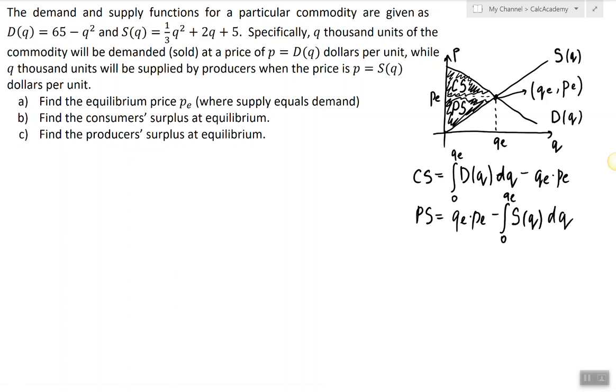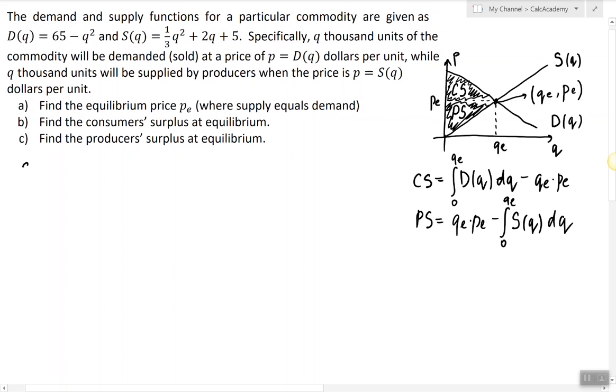So to get started, let's find the equilibrium first. And to find the equilibrium in part A, we simply have to set D of Q equal to S of Q. And we're going to write this in standard form.